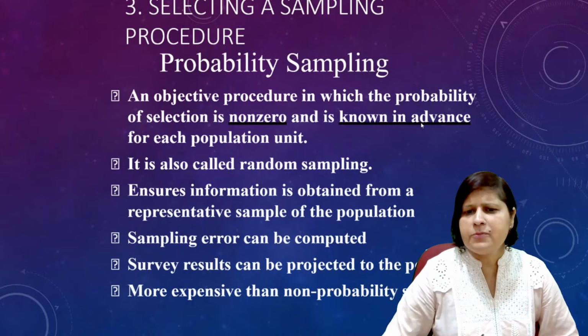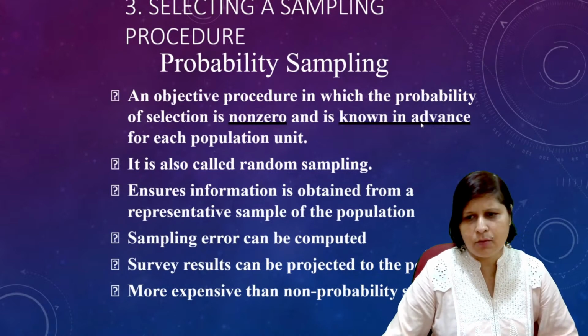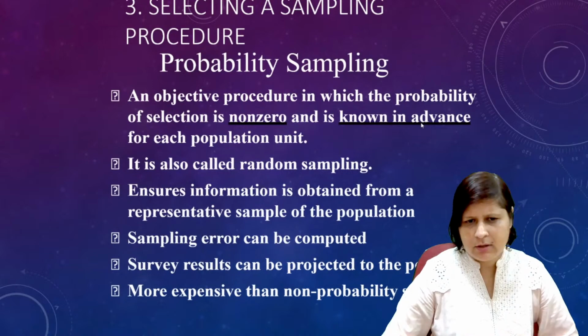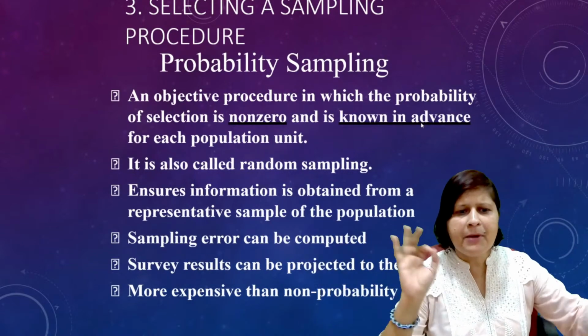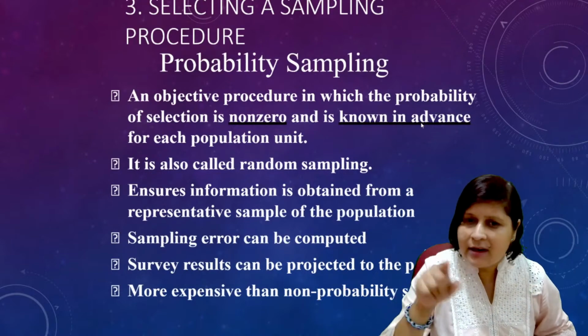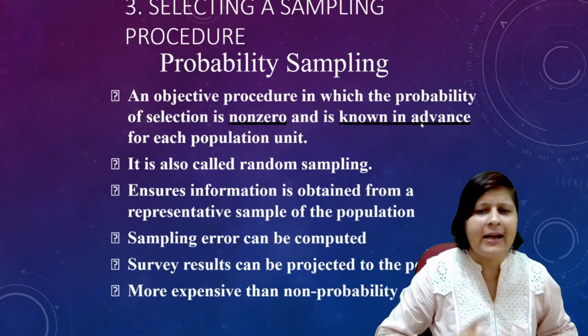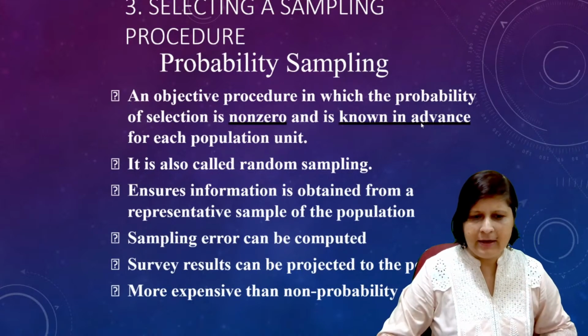Probability sampling is an objective procedure in which the probability of selection is non-zero and is known in advance for each population unit. It means the probability of selection is non-zero. It is not zero. There are chances that you can be selected as a sample. It is called random sampling.